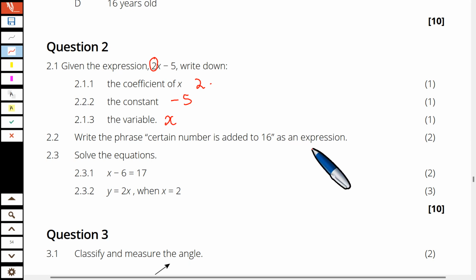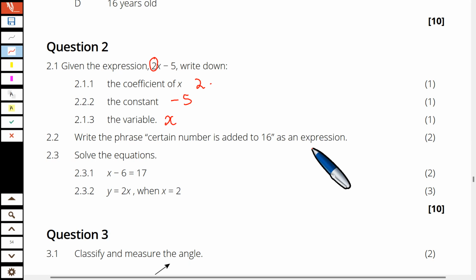Write the phrase as an expression. A certain number is added to 16. What do you think the answer is to this one? I'm giving you 2 minutes because it's 2 marks.